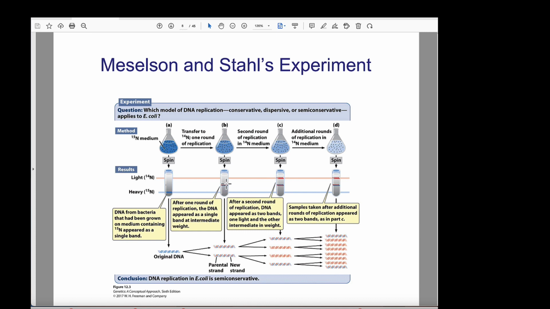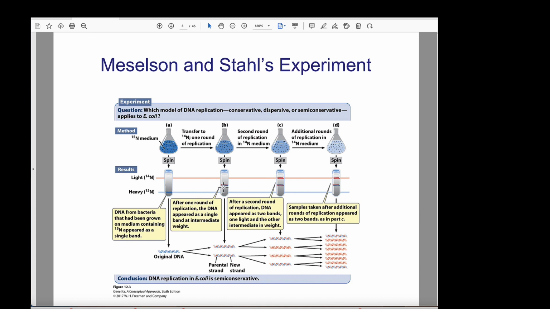And then in the second round, you have an intermediate band. What that intermediate band shows is that there is a molecule of DNA that is not 100% N14 and not 100% N15. That means it contains both. At this stage, one could assume that the DNA can either be dispersive or semi-conservative, right?